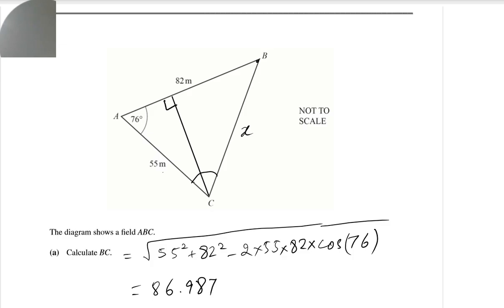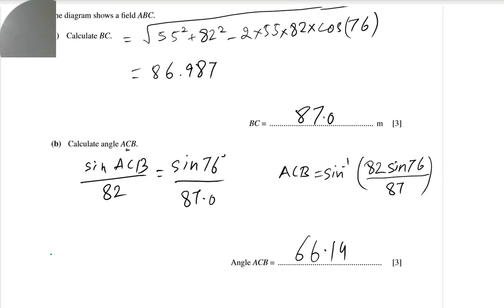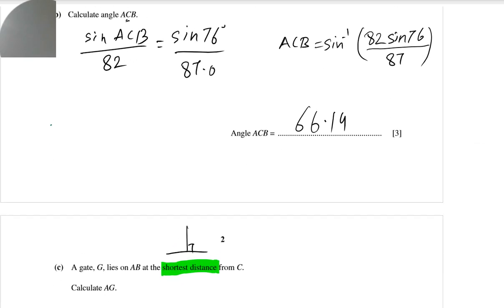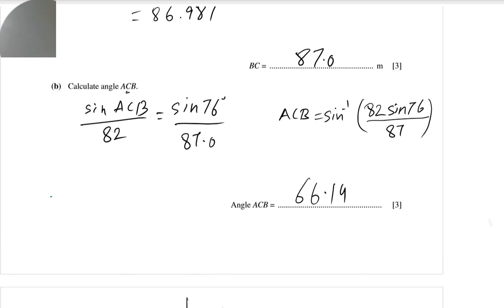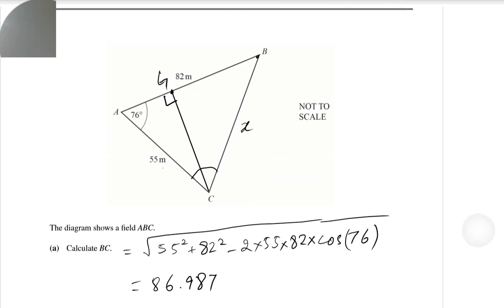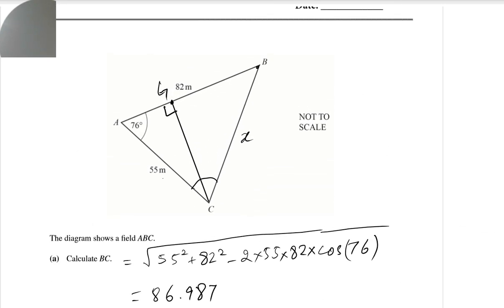This should be your point G. And we need to find AG. CG is the shortest distance, but we need to find AG. This is the length we need to find.